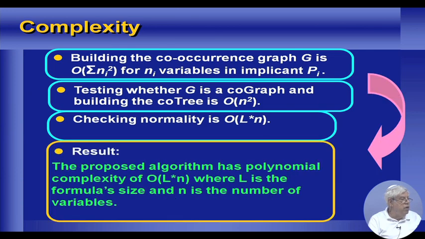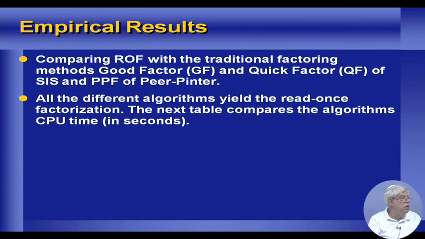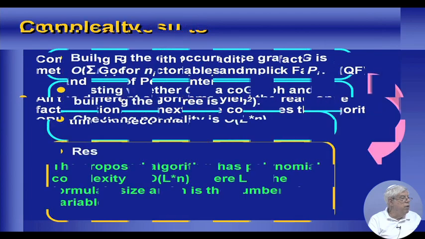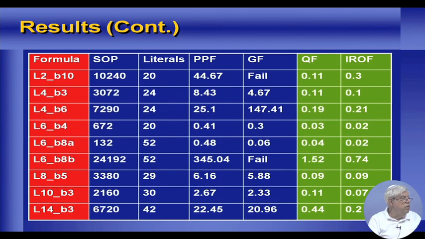And the bottom line complexity is dominated by normality, which is the length of the input times n. We did some experimental results on our method versus some standard library packages on factoring Boolean functions and how they performed. And you can see some of these are very big functions.